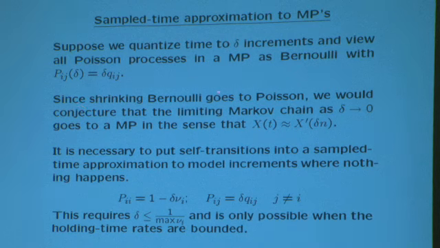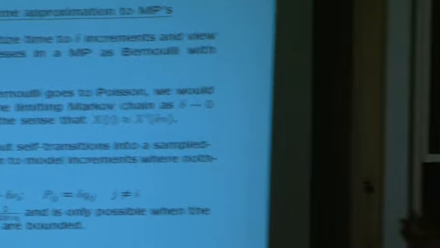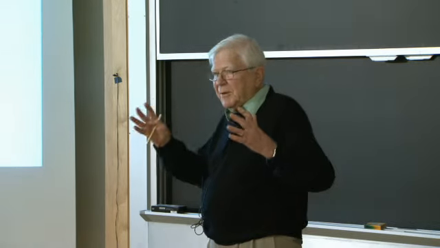Since shrinking Bernoulli goes to Poisson, we would conjecture that the limiting Markov chain as delta goes to 0 goes to a Markov process, in the sense that X(t) is approximately equal to X', where X' is in the Bernoulli domain at delta times n. You have to put self-transitions into a sample time approximation, because if you have a very small delta, there aren't big enough transition probabilities going out of the chain to fill up the probability space.